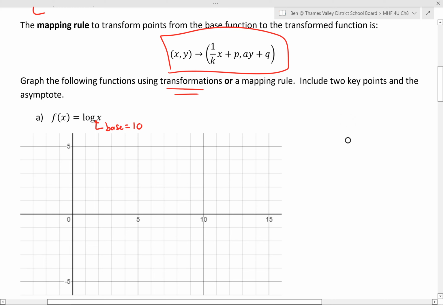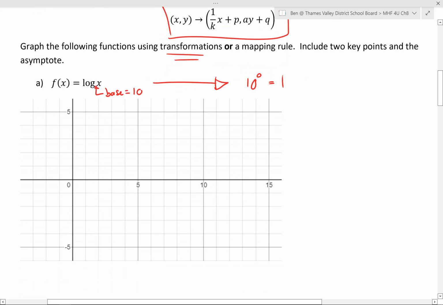So here we know, okay, so f of x is the log of x. Sorry, so it's just a base logarithmic function. All right, so if it's a base 10, then we can already know of 2 points. If we have the base 10, we know the 10 to the exponent 0 will equal 1. Okay, well, that's great.